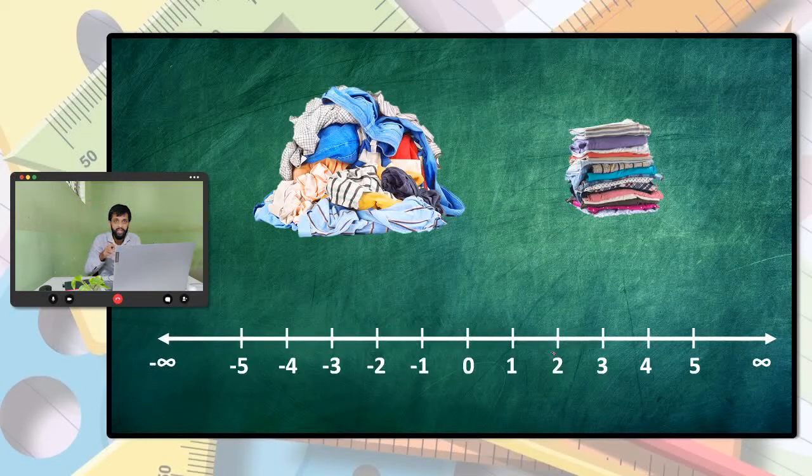If you are considering which is bigger, minus 5 or 0, the answer should be 0 and not minus 5. So the smallest is on the left and the bigger is on the right. On the number line, negative infinity is the smallest number and positive infinity is the biggest number. I hope this part is clear.